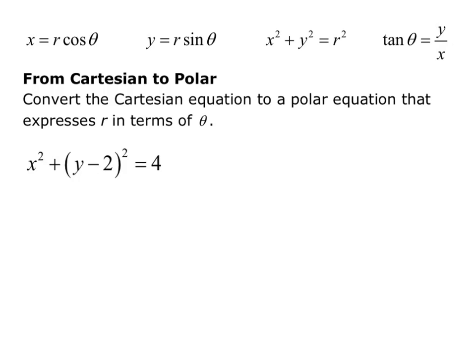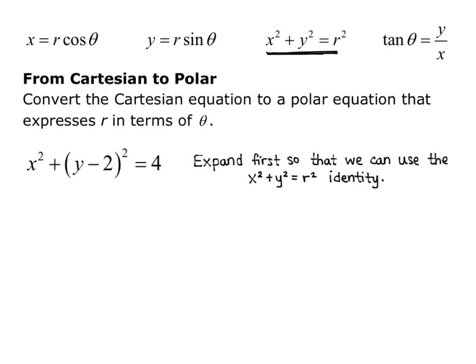Now, I know I could just start replacing the x and y with my r cosine theta and r sine theta, but what I recognize with this is that if I actually FOIL out the y minus 2 quantity squared, then I'm going to have an x squared plus y squared in my equation, which I can replace a little more easily with r squared.